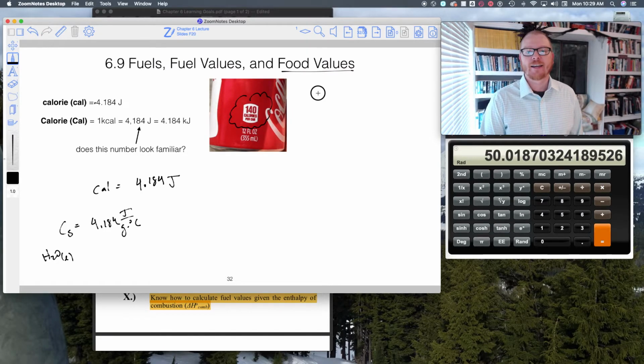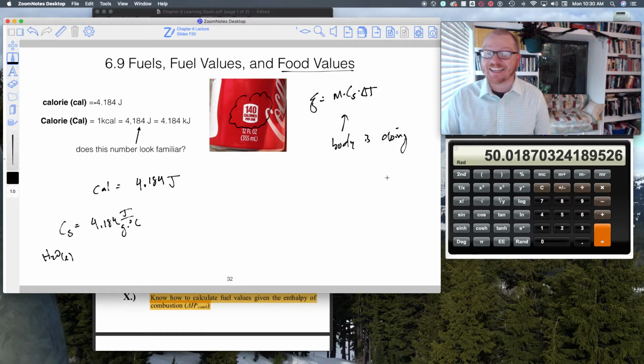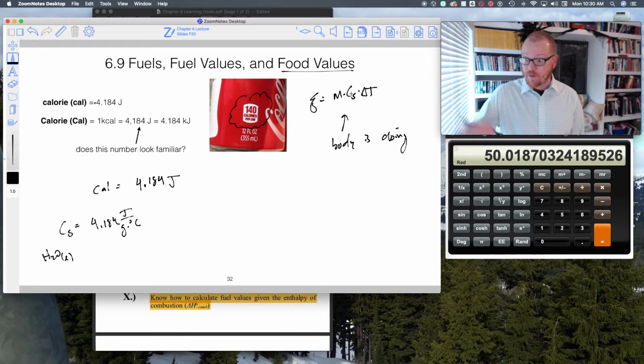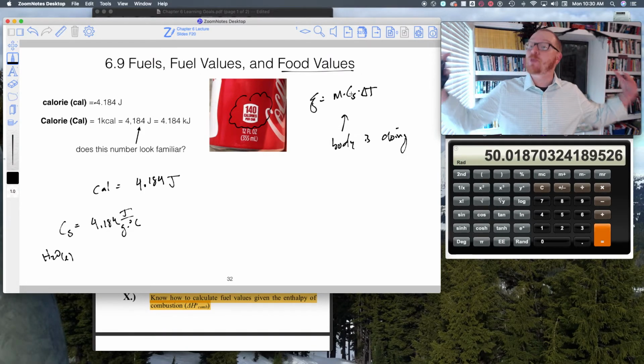We did this calculation. Heat equals mass times Cs times delta T. This is what your body is doing. It's maintaining some type of temperature, right? It's keeping your body warm. It's keeping your body much warmer than the surroundings, right?